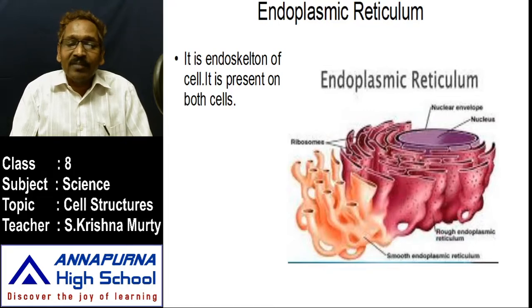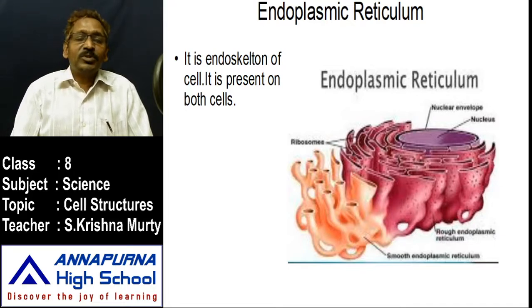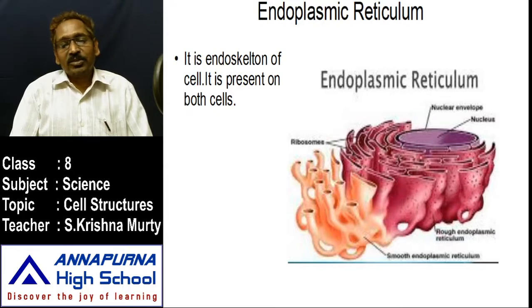Wherever pink along with some pebble-like structures is there, that is rough endoplasmic reticulum. According to the structure, by the presence of some kind of bodies on them, we can divide it into two groups. So we can learn about the functions of smooth and rough endoplasmic reticulum.